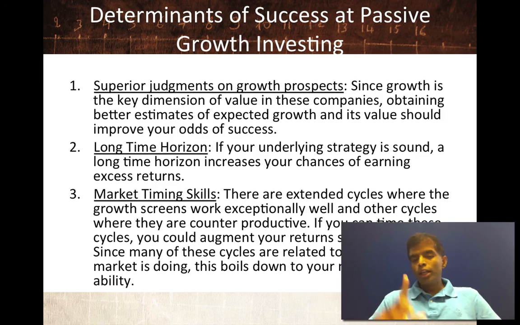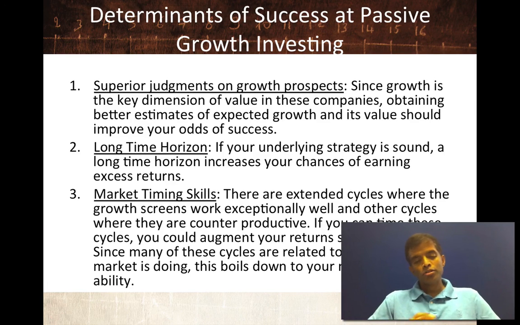Second, you need a long time horizon. As with all passive screens, even if you're right about low PEG ratios delivering higher returns, that's not going to be over the next 3 months or 6 months. It might require 3 years or 5 years as your time horizon. And third, when you're a successful growth investor, there is a component of you that basically has to be a macro investor. We saw that with the high PE ratio success.